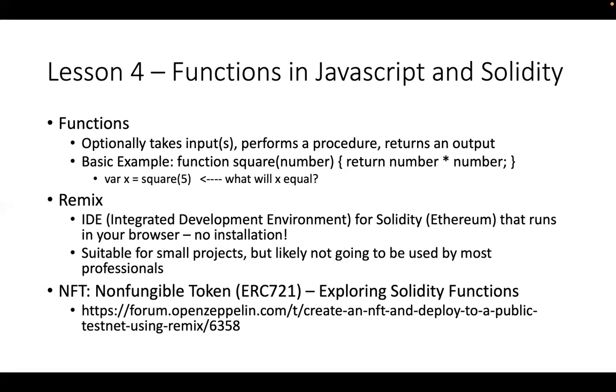In this case, since I'm taking the square of a number, if you remember back to your algebra classes, when you take the square of a number, it means take the number and multiply it by itself. So number times number, and return that. That now has defined a new function called square, which we can now use once or many, many times throughout the rest of our code.